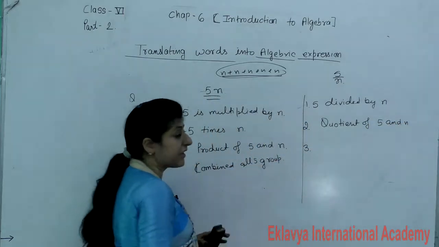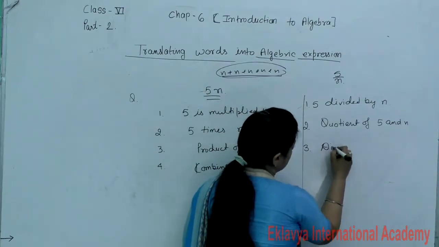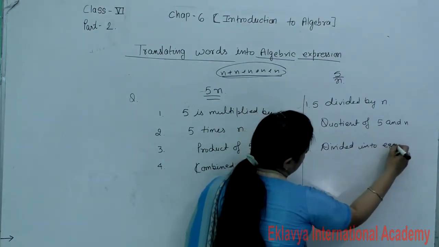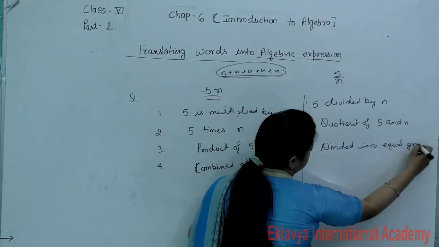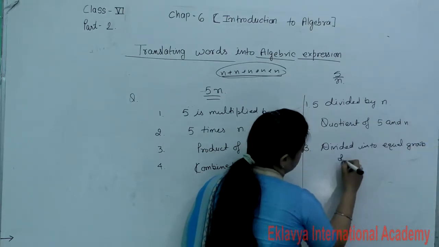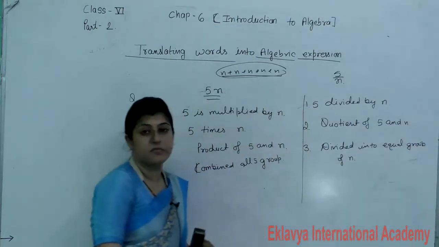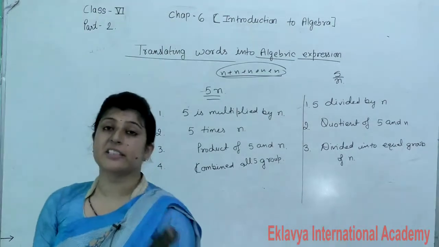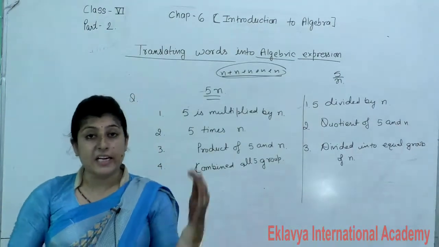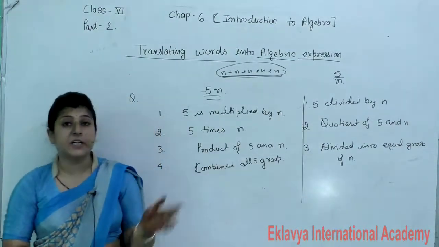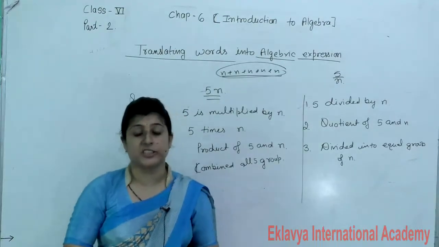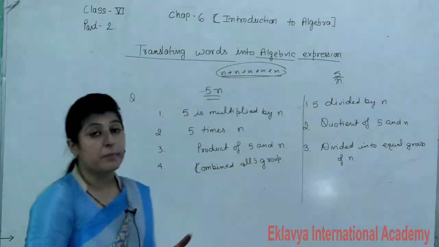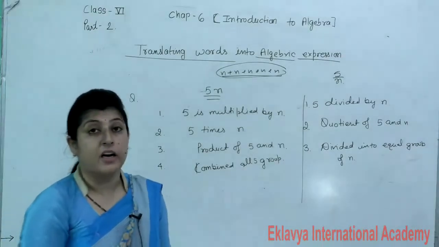Third, divided into equal groups of n. So basically a statement or problem is given, and we represent it as an algebraic expression. This is called algebraic representation, and it is a very important part of algebra.